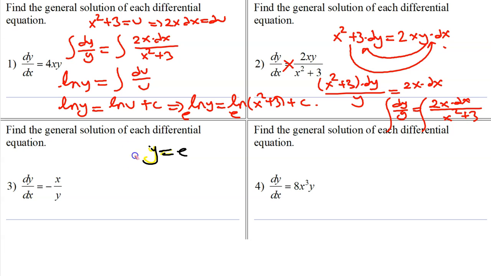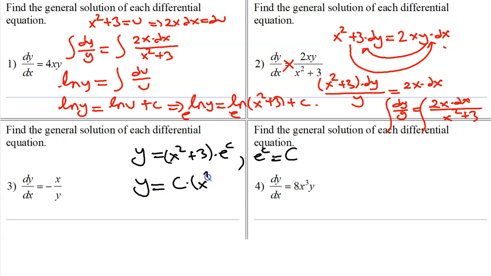So y equals x squared plus 3 times e to the power of c. Okay, so specifically, if I set this e to the power of c equal to capital letter C, the result is going to be y equals C times x squared plus 3. That's the answer for number 2.